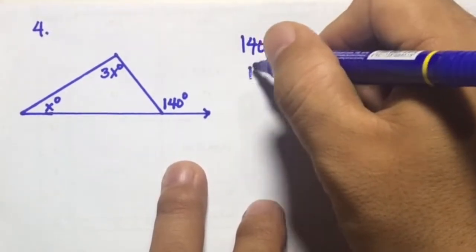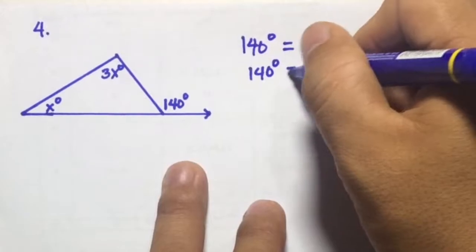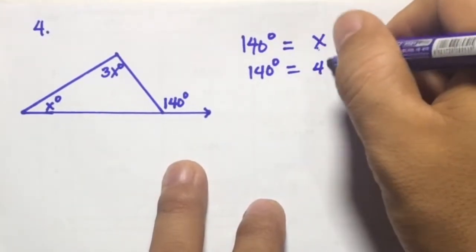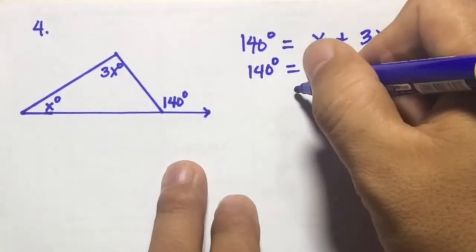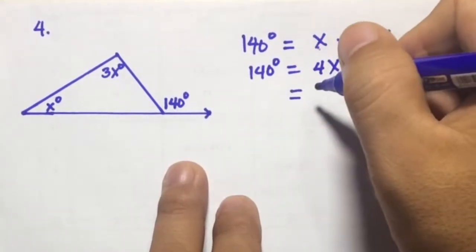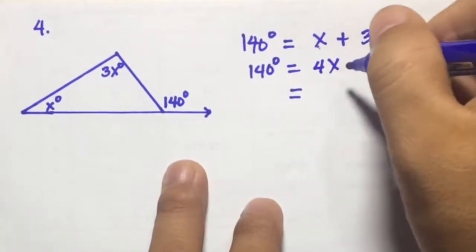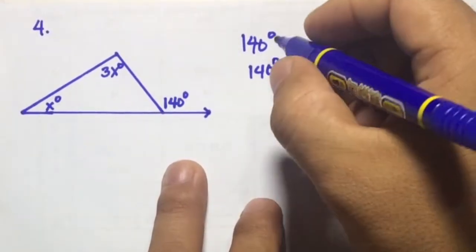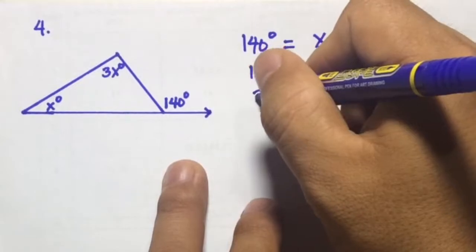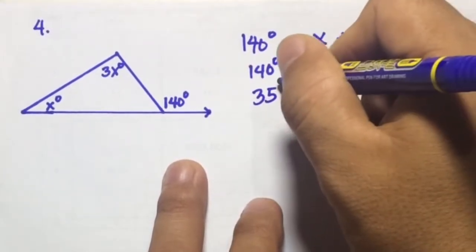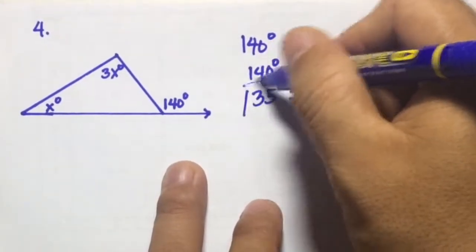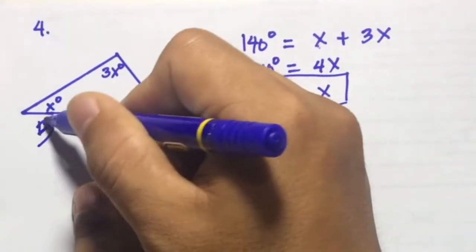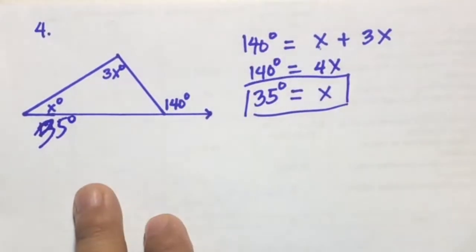So 140 degrees equals x plus 3x, which is 4x. Dividing both sides by 4, x equals 140 divided by 4, which is 35 degrees. So x is 35 degrees, meaning this angle here measures 35 degrees.